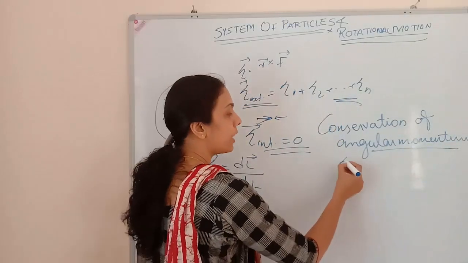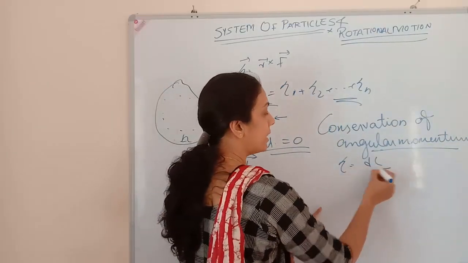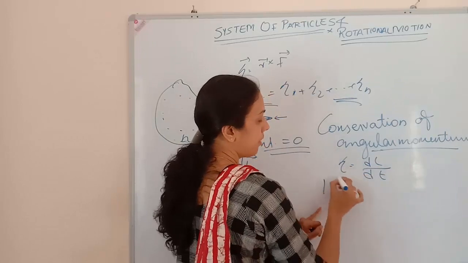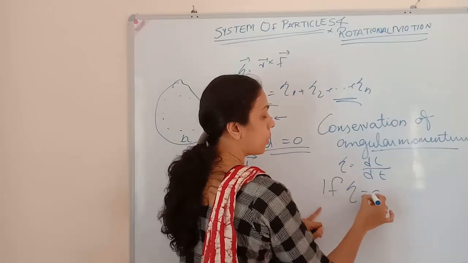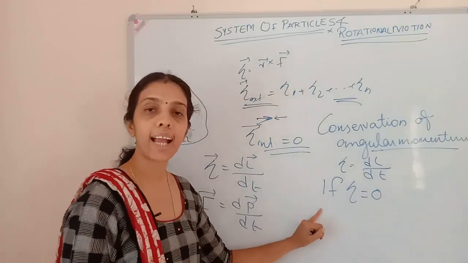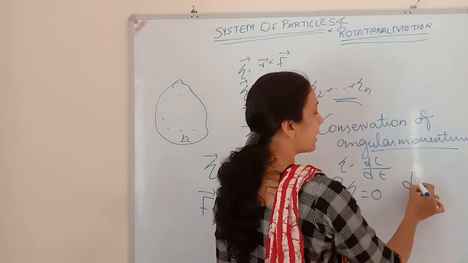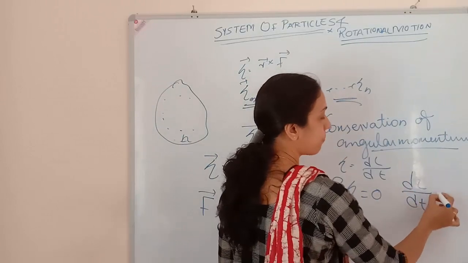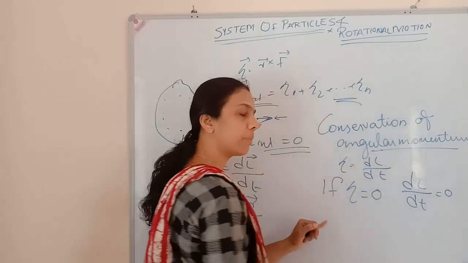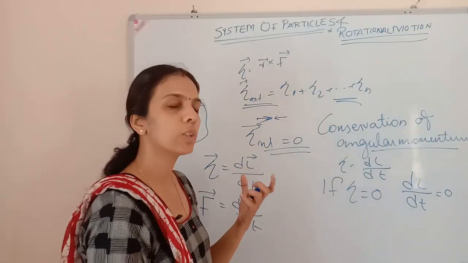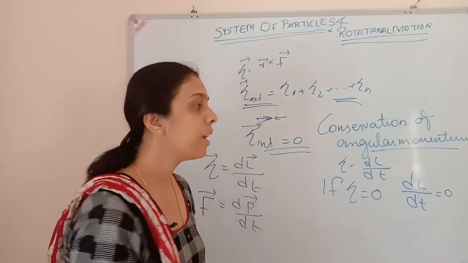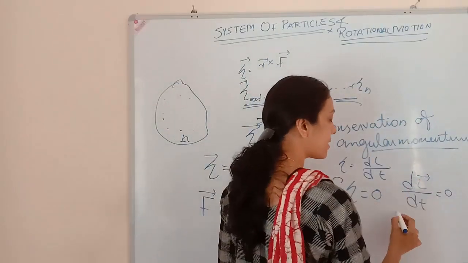See, tau equals dL by dt. If the torque acting on the system is equal to 0, then dL by dt will be equal to 0. The differential of a quantity is 0 when that quantity is a constant.